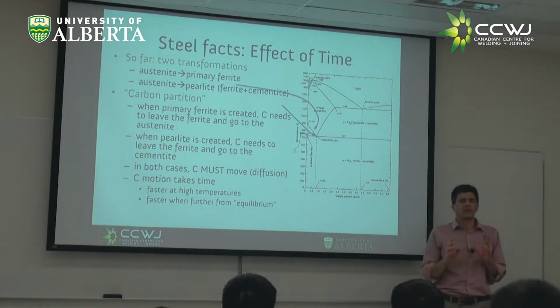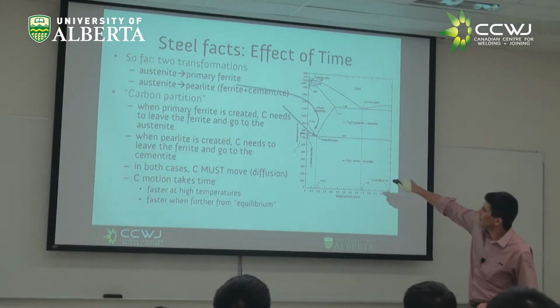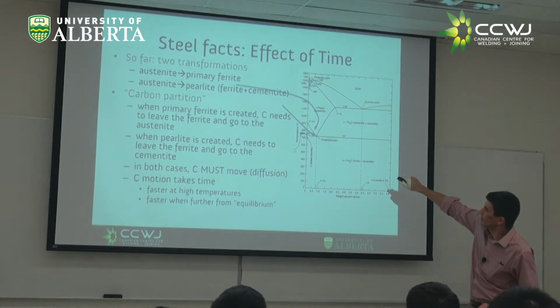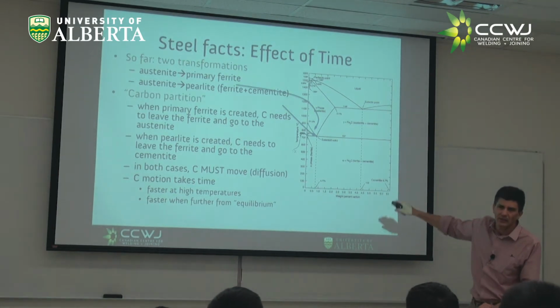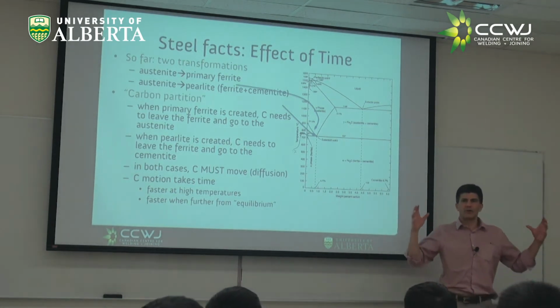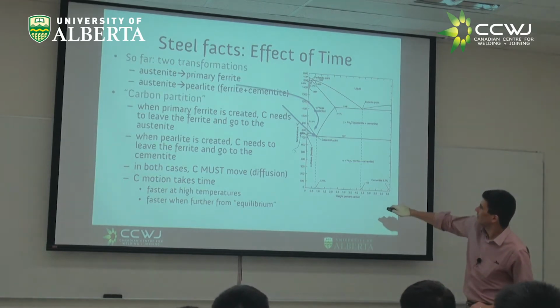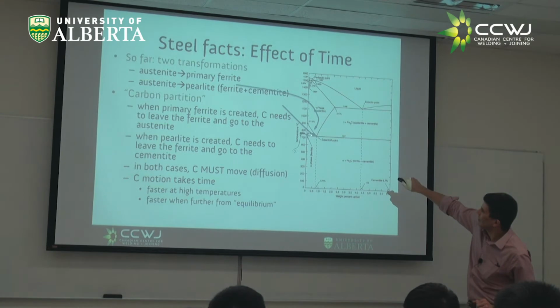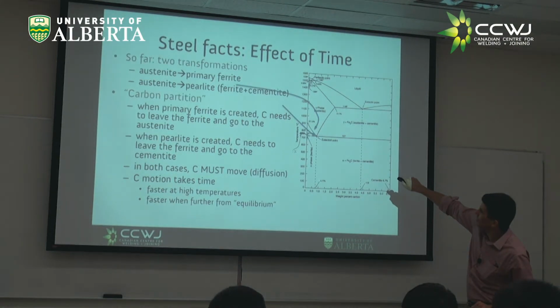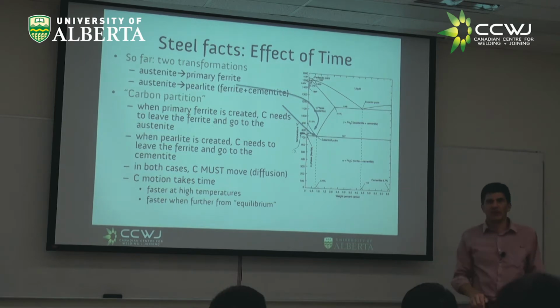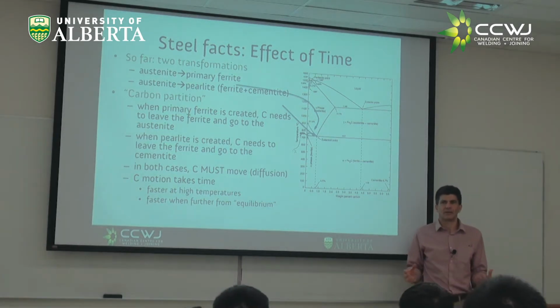Something even more interesting when you have a normal steel is that, remember I mentioned ferrite can take precious little carbon. Here, this is about as much carbon as you can take in the ferrite. So you have a bunch of austenite in a normal steel at 0.2%. That is about here. This is about 0.02. If we are at 0.2%, what happens with that carbon that was in the austenite?